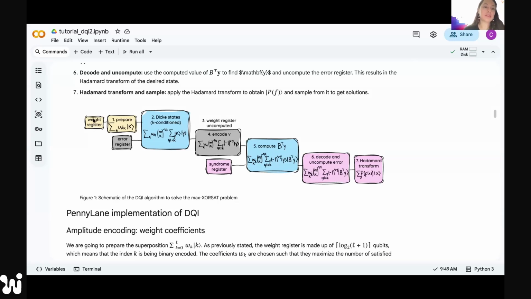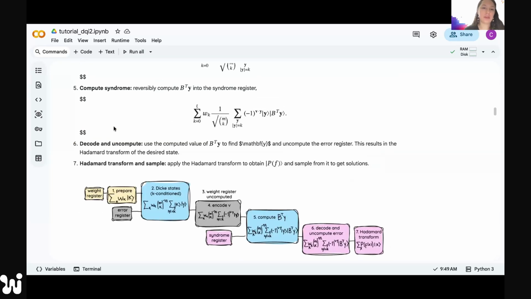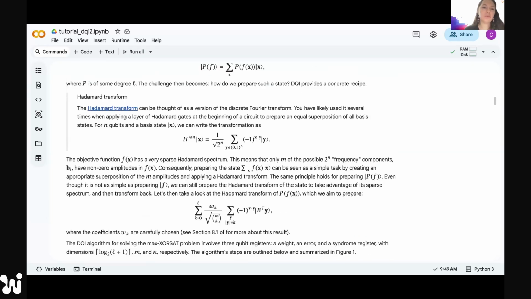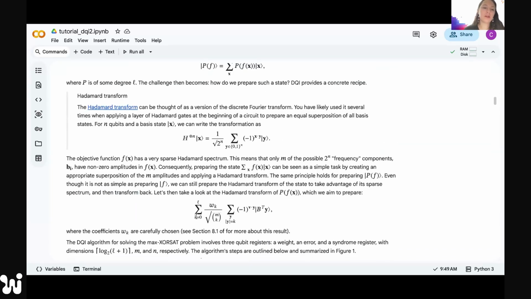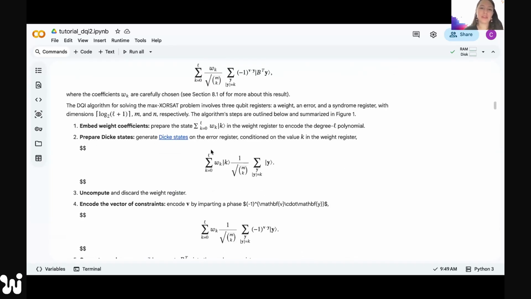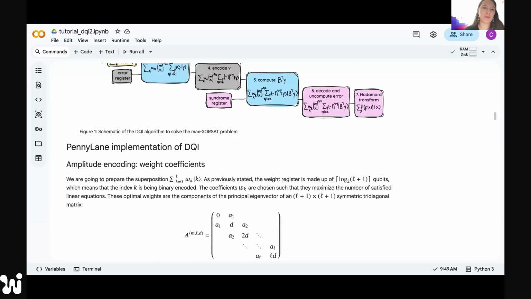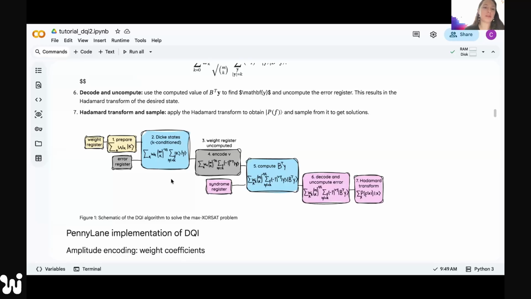So you start with your weights. You're going to prepare these states that contain the weights that you need. These are called the DQI states. Basically, based on a certain value k, they're going to create some states that have the same probability of getting sampled, depending on how many ones you have.